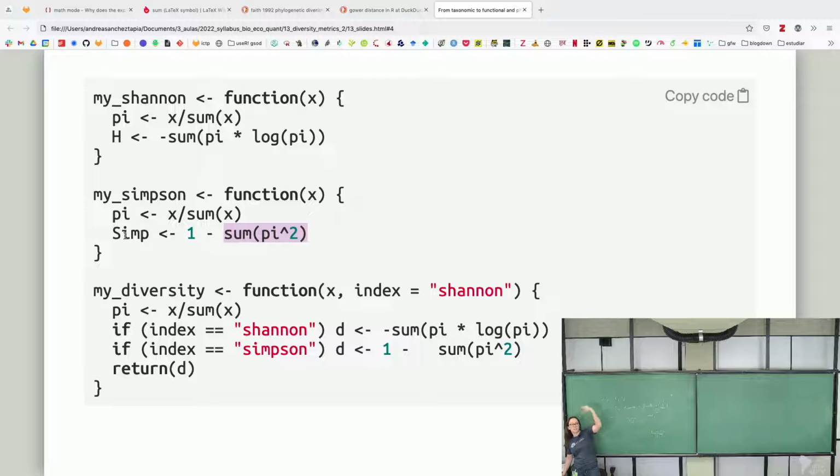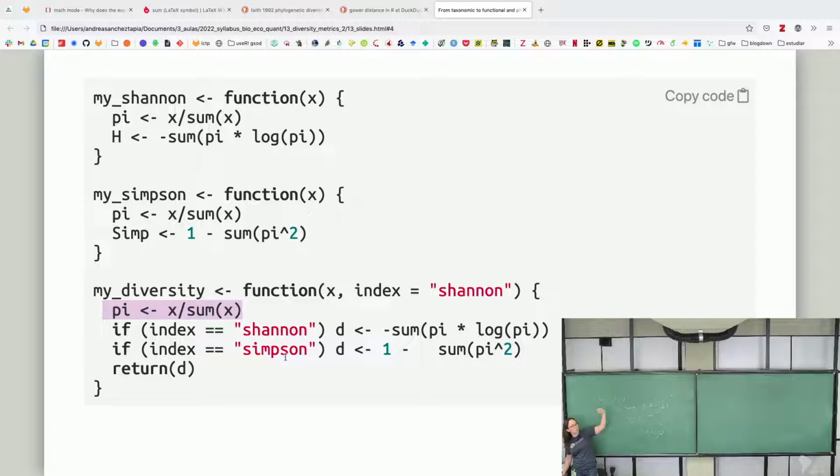So the next step in becoming a better programmer would be, if you're already calculating PI for both functions, you could create a function that has the 2 indexes inside the same function. So instead of using only my Shannon and my Simpson separate, you could have a parameter that is called index. The function can calculate PI because it's the first step for both indexes. But if index is equal to Shannon, then you do one of the calculations, and if it's equal to Simpson, you do the other calculation.